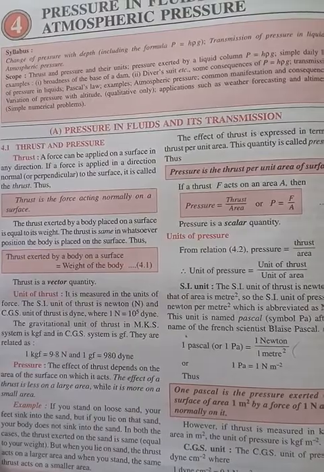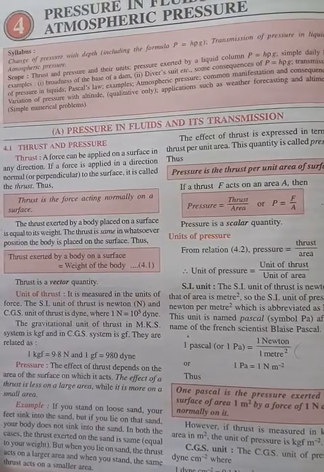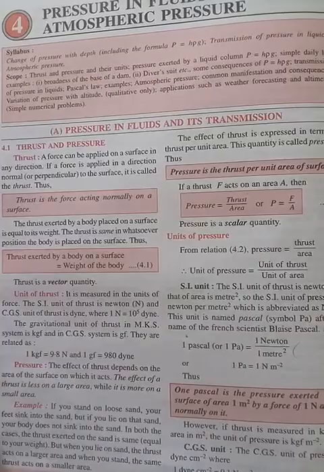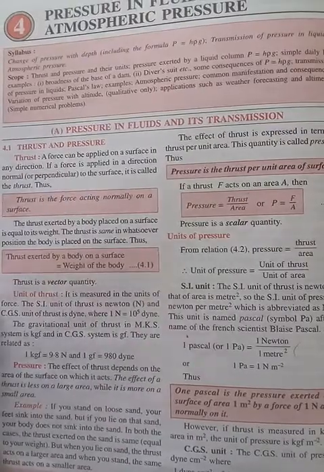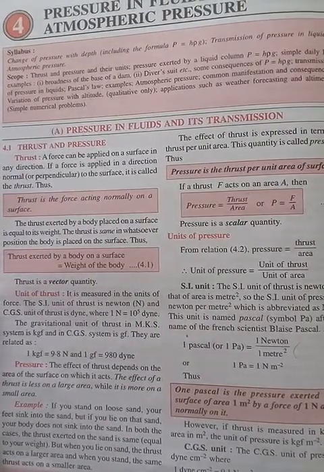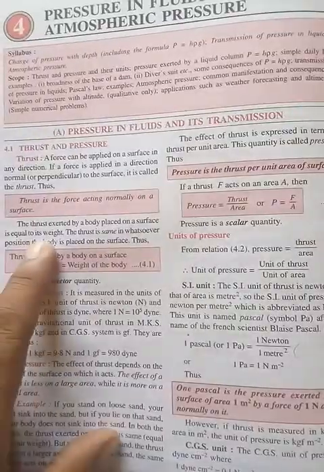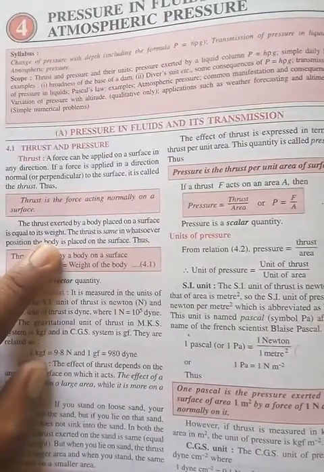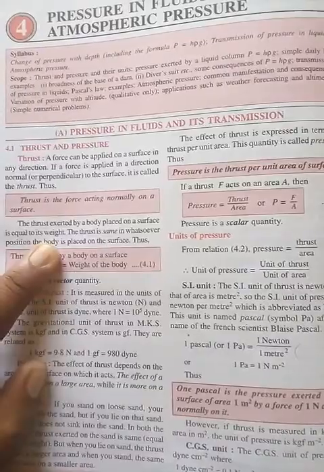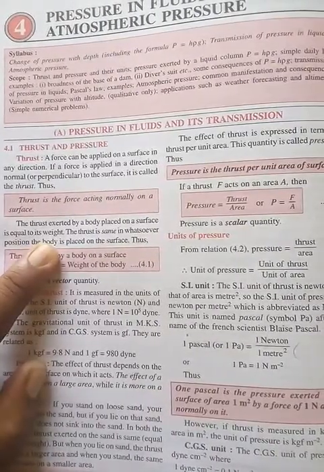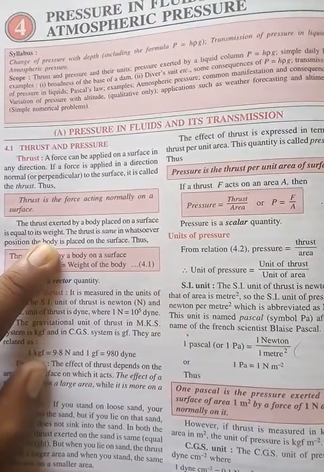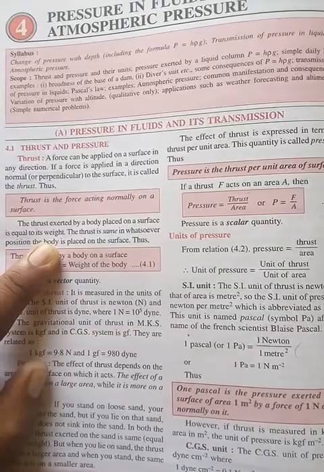Not any force, because force can be applied in many directions. We have done force before, so that is thrust. As far as the unit is concerned, it's the same as force: Newton, dyne, whatever you say. Thrust exerted by a body placed on a surface is equal to its weight. Thrust is a force, and force is mass into acceleration, F equals ma.